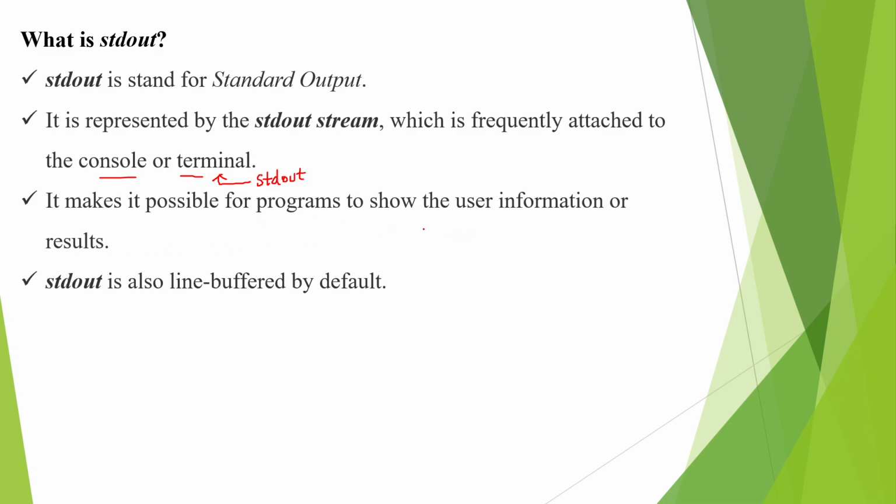After generating the output, that output has to be displayed on the console or the terminal. So through standard output only, we are going to show that output to the end user. Okay, it is also line buffered. Your standard output, how is it going to terminate? Through line buffering only, it is going to terminate.